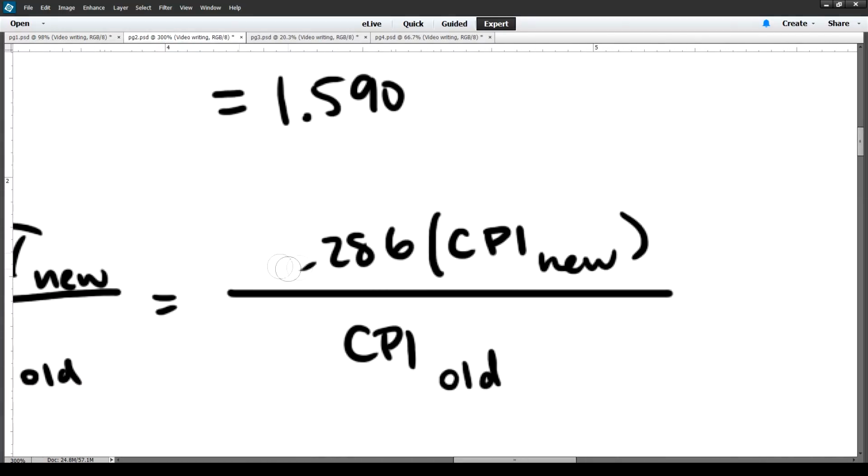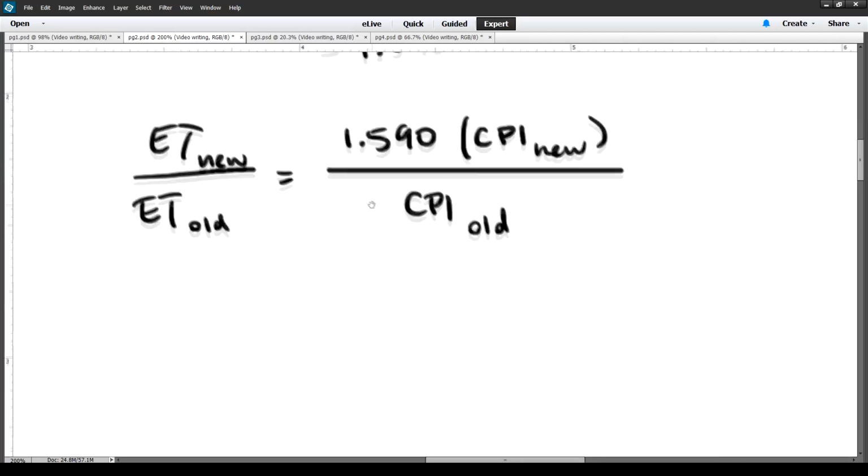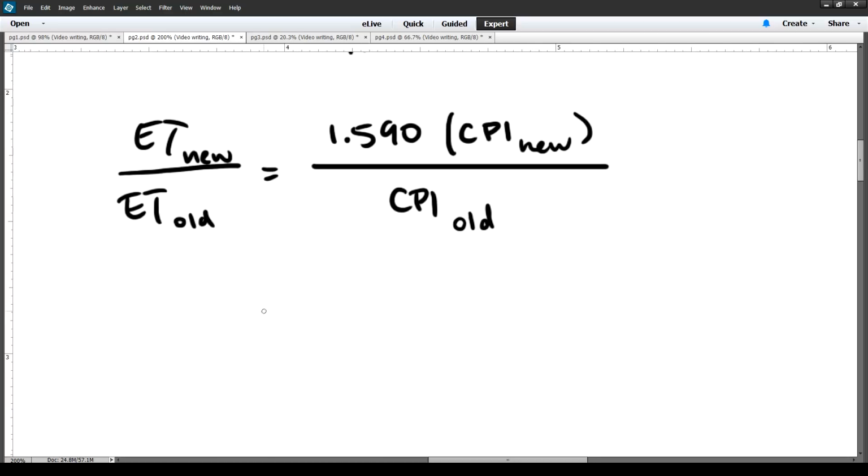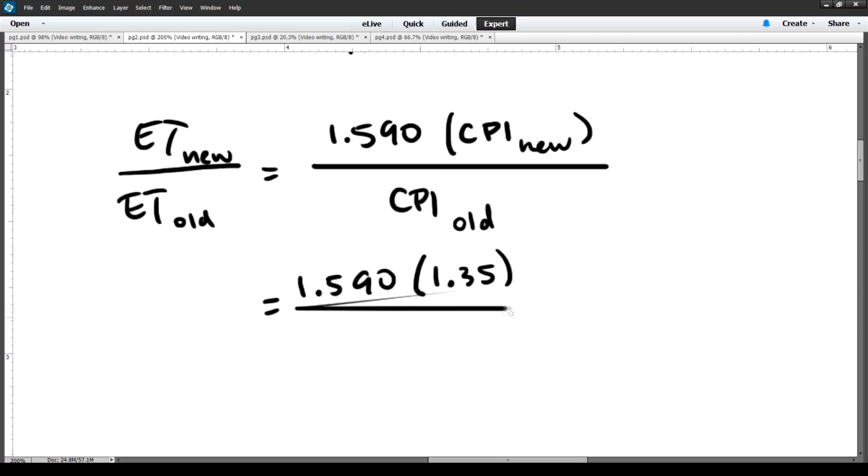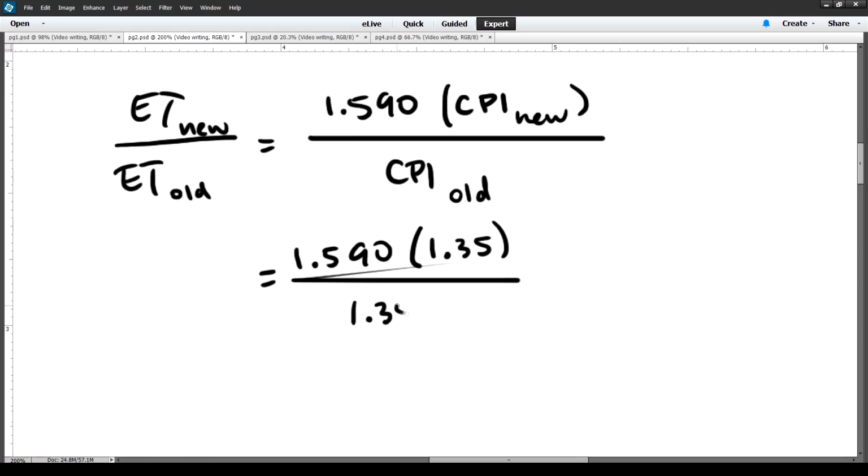So here, instead of 1.2286, it'll be 1.590. And since we know these two numbers, we're just going to plug them right in. So the ratio is 1.590 times 1.35, and that is all over 1.85.